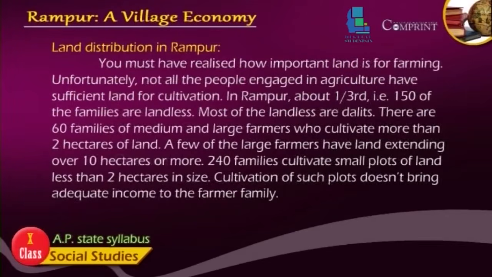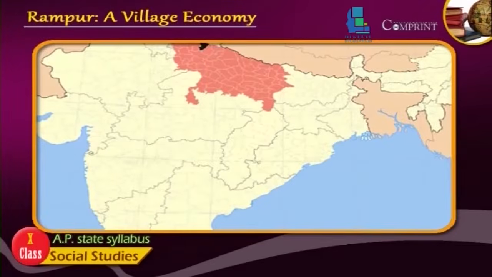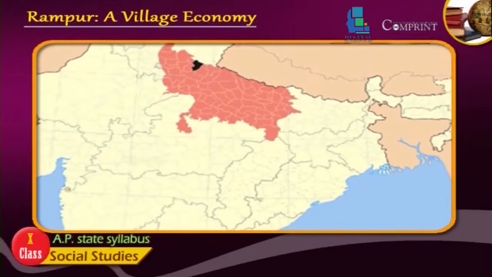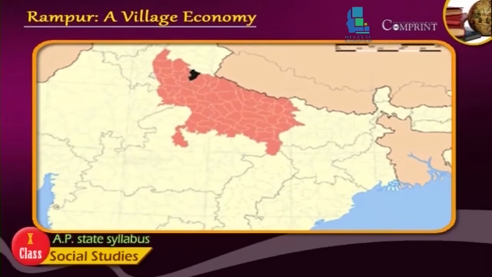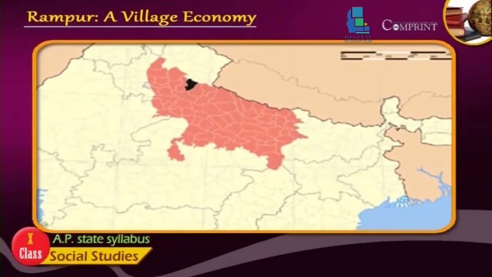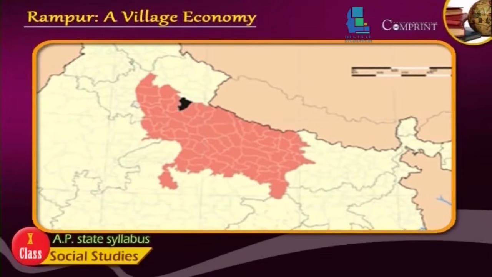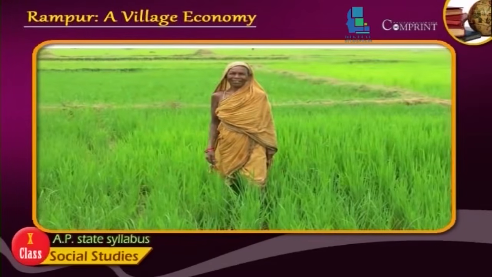Land distribution in Rampur. You must have realized how important land is for farming. Unfortunately, not all the people engaged in agriculture have sufficient land for cultivation. In Rampur, about one-third, that is 150, of the families are landless. Most of the landless are Dalits.